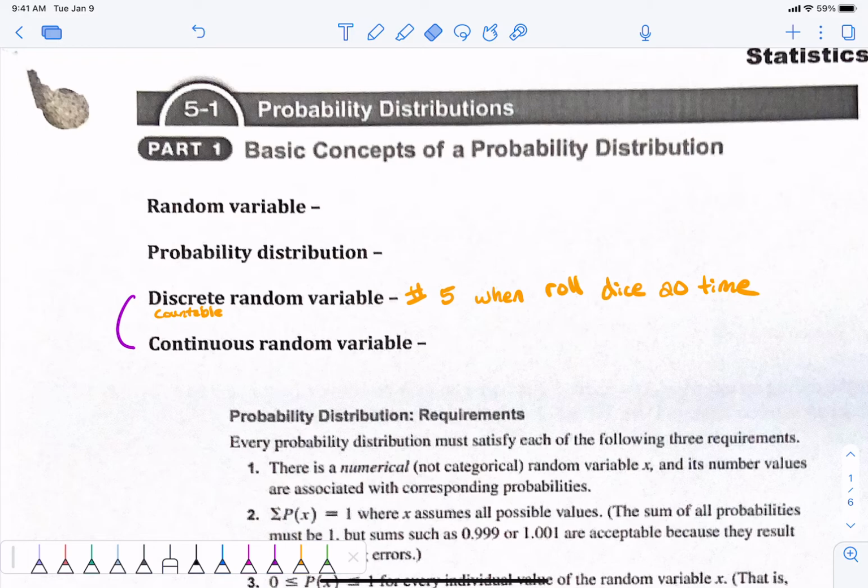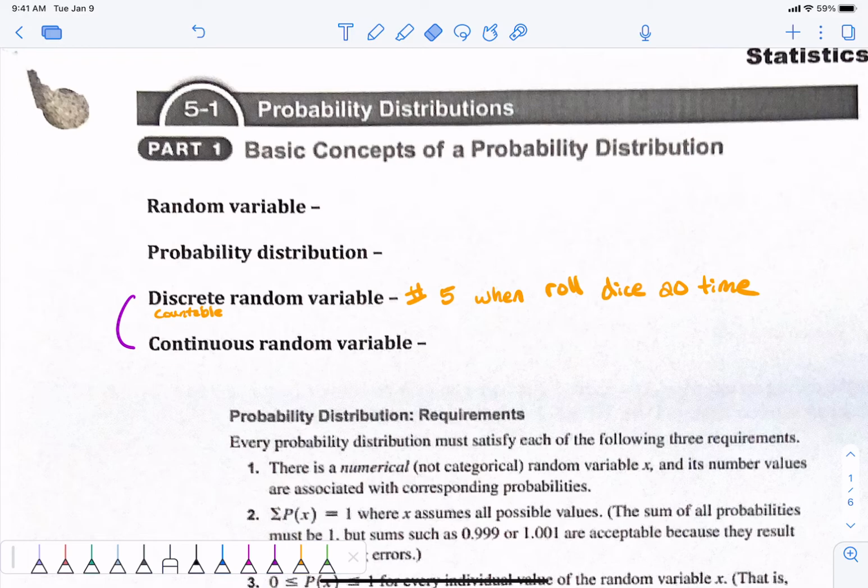Like weight. Your scale will say that you are 150.25 pounds, right? But you're probably not exactly 150.25 pounds. You're probably like 150.253476132 pounds, whatever, it goes on forever. Kind of like the number pi, but talking about things that we're measuring.